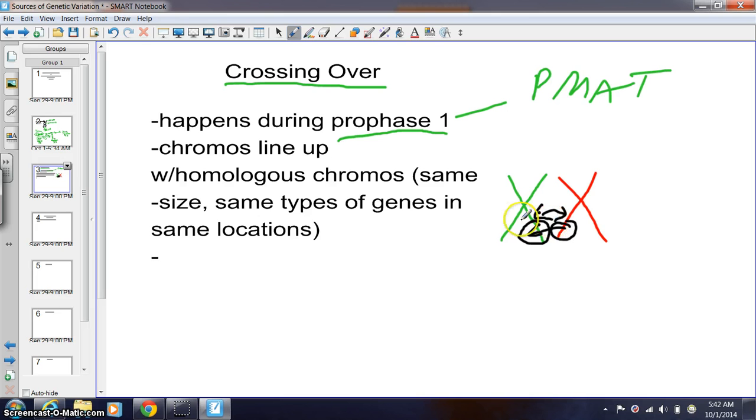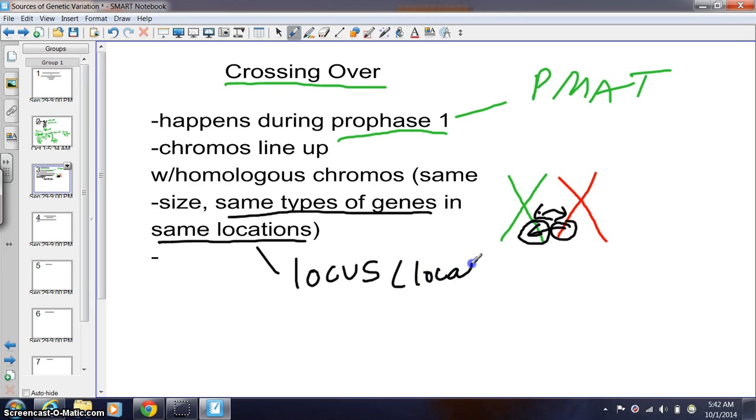And the genes that they are exchanging, you guys, are actually the same type of genes. They're at the same locations. These locations are what we call the locus. So the location or the locus of the gene is the same. The information inside of it is different, okay? And that's what creates diversity.